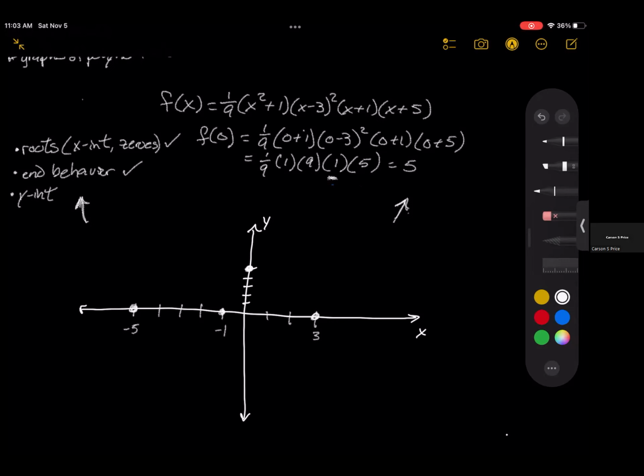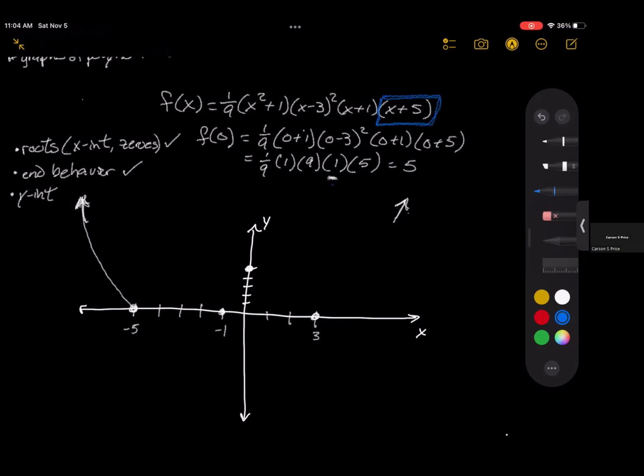So now we're ready to connect this arrowhead with that arrowhead. So if I start from the left and I go down, I hit my root at -5, and I notice that -5 is a consequence of this x plus 5 factor, right? That's what gave me the 0 there.